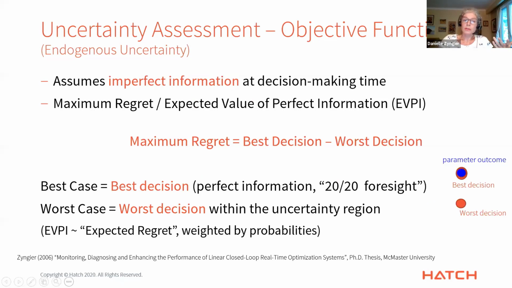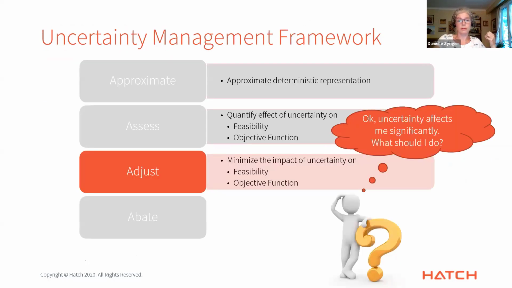When it's the uncertainty associated with the fact that you don't know things ahead of time, you're measuring hindsight. What's the best possible decision you could have made if you knew what was going to happen? And again, this generates a whole bunch of different methods to assess that. This whole thing, again, is to point out that there's many different things that you could be doing to assess and to evaluate the uncertainty.